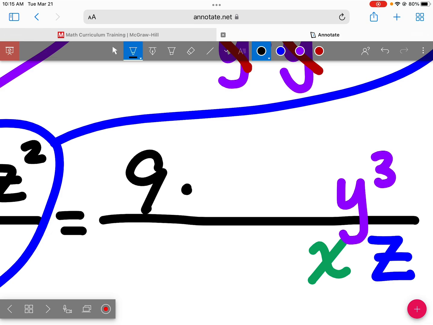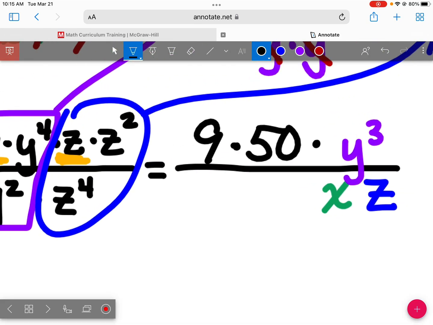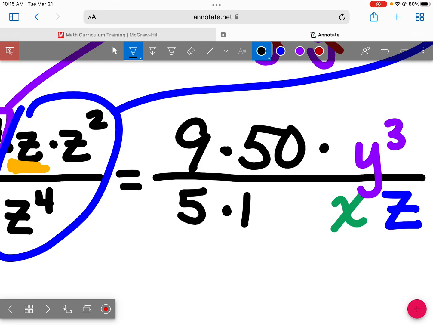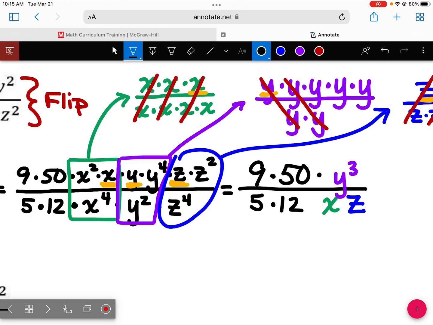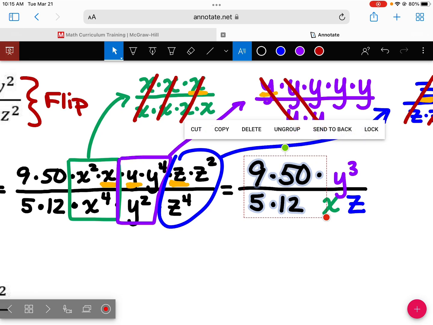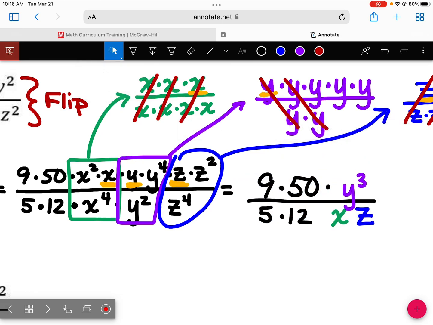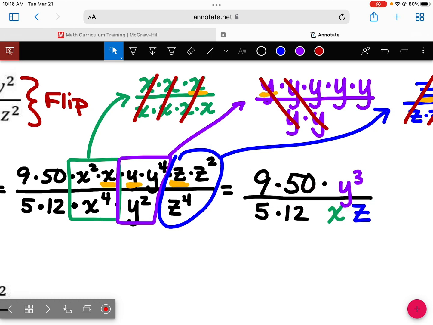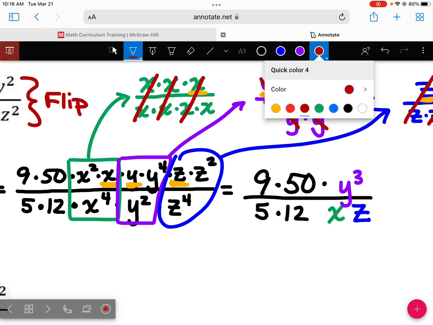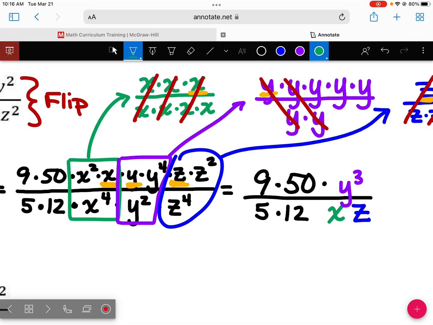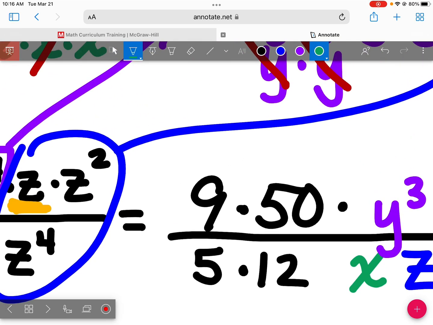Up on the top, I had 9 times 50. On the bottom, I had 5 times 12. Can I write any of these as their factors so I can see if there's anything in common with factors on the bottom? 9 is 3 times 3, so I could write this as 3 times 3.